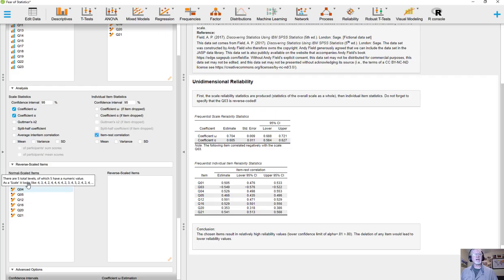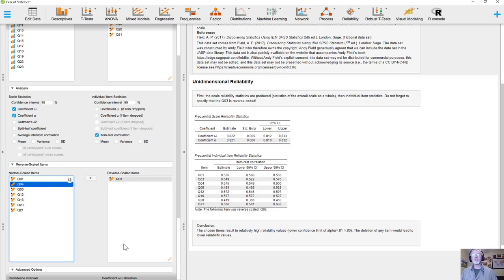One thing I really like about JASP is it makes it really easy, instead of having to go through the trouble of coding it in the opposite direction. You can just click on the item that needs to be reverse scaled and it reverses it. And now notice that our reliability has jumped up from the 0.6, 0.7 range to 0.82. And you notice that the item rest correlations show that everything's positive.